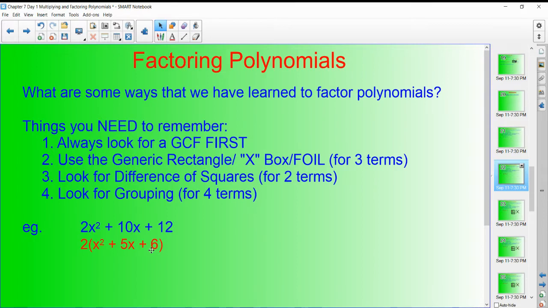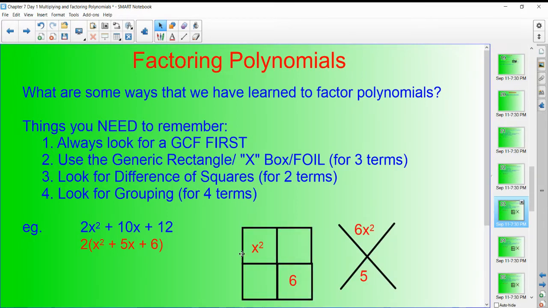Now, here is what we do. We're going to make a box and an x, and this is just a process to help us figure out the outside of the box, which is the factors. So last lesson we put the numbers on the outside and we got an answer inside. Today we're going to put our answer inside and get the factors on the outside.